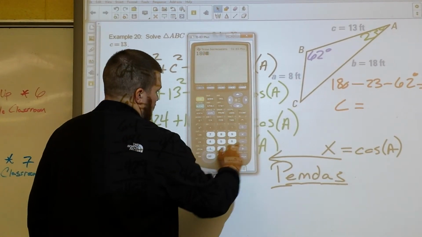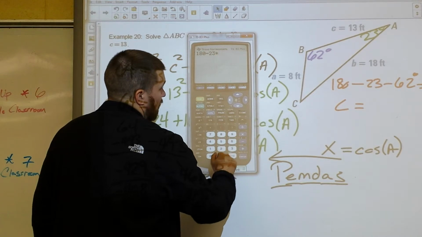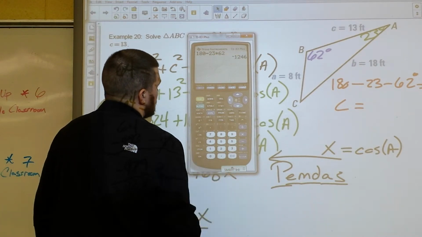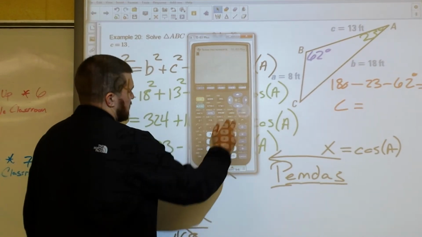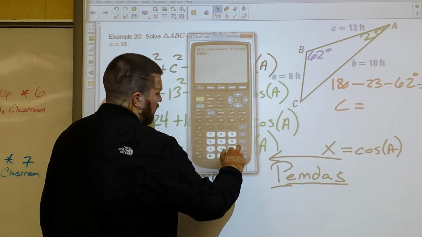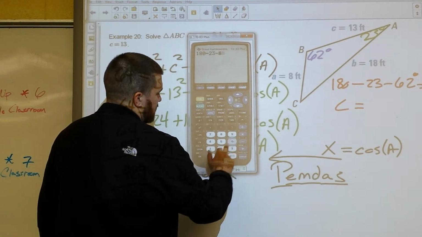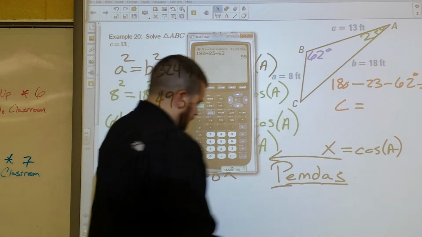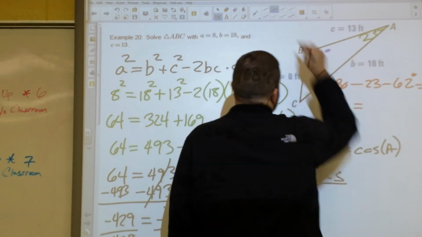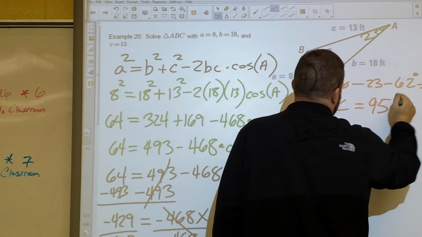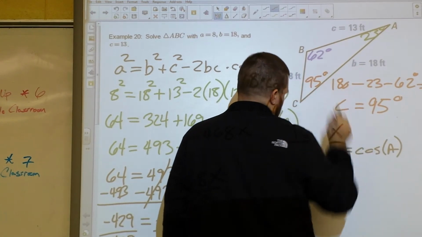So 180 minus 23 minus 62 degrees. Oops, I said times, so I typed it in wrong. So try again. 180 minus 23 minus 62 equals 95 degrees. So 95 degrees. So I've solved the triangle.